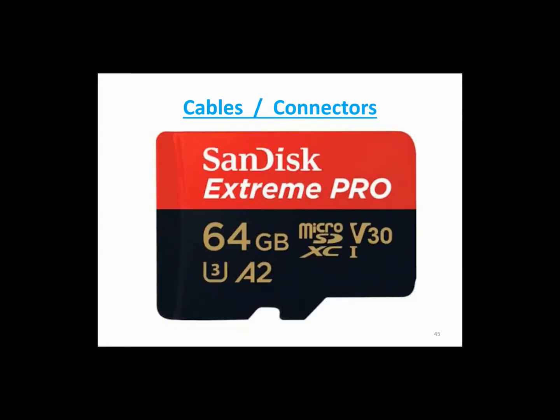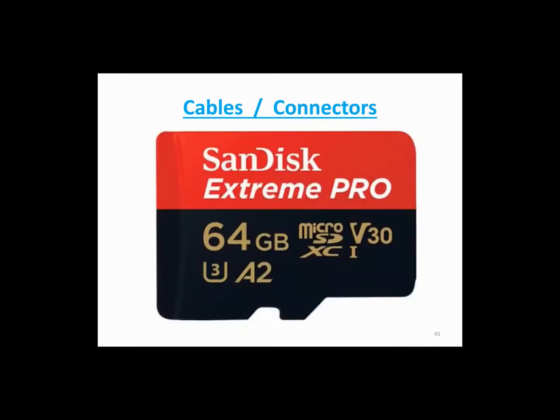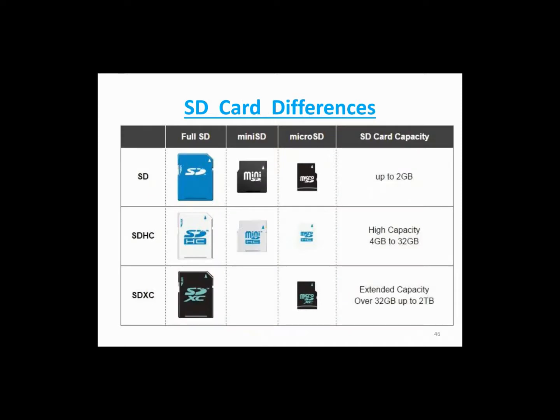Now you'll see on the rows, you got full SD, mini SD, micro SD, and SD card capacity. So a full SD is the size, the old standard big sizes. Mini SD cards are the smaller ones, and then what a lot of phones and cameras take these days is the micro SD.